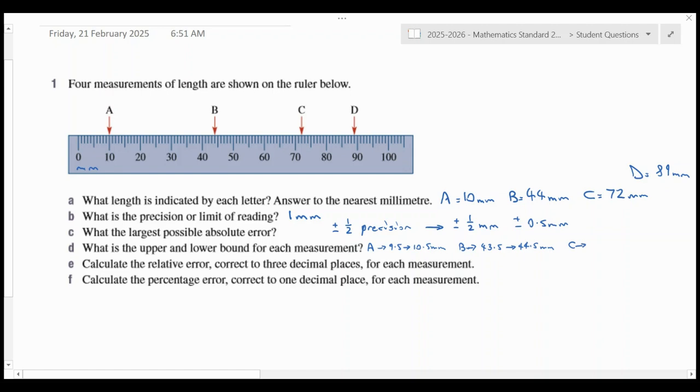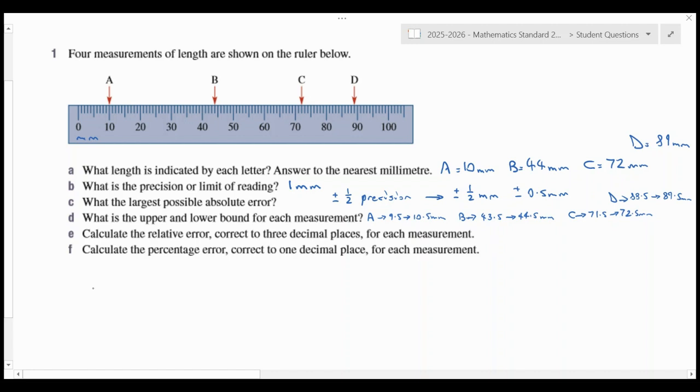For C, we've got 71.5 to 72.5 millimetres. And for D, we've got 88.5 to 89.5 millimetres. So what we've done is we've gone plus and minus from our actual measurement, and that is our bounds.